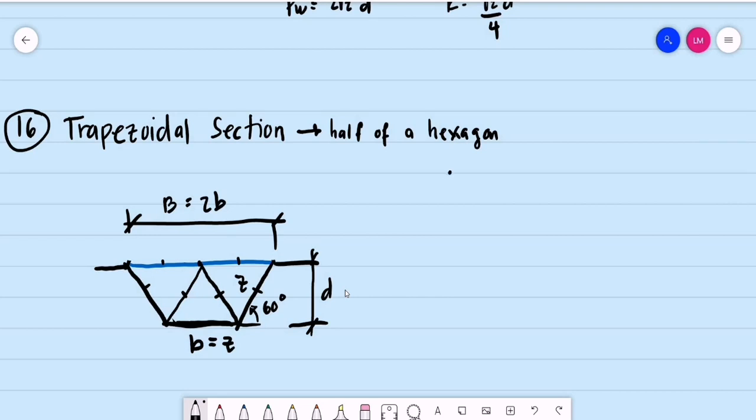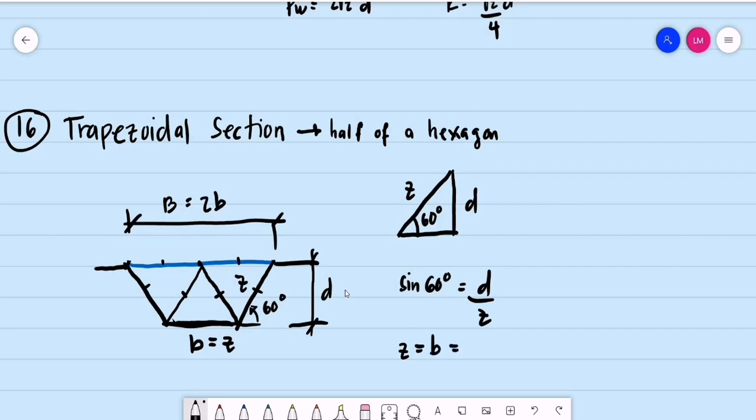We are considering the triangle on the side. So, we have a height of D. The inclination, or this angle is 60 degrees. This is the sloping side. Okay, we can use the function of sine. Sine of 60 degrees is equal to D divided by the hypotenuse Z. The value of Z, or the same as the value of the bottom base, will be equal to D divided by sine of 60 degrees.